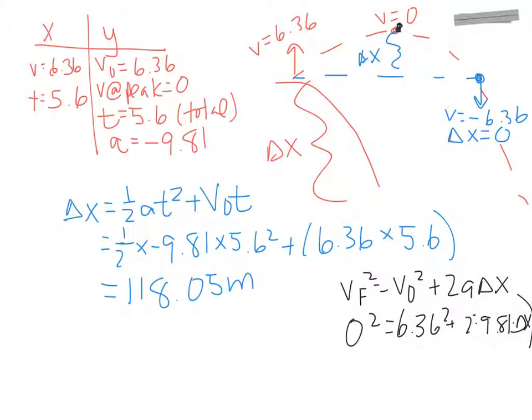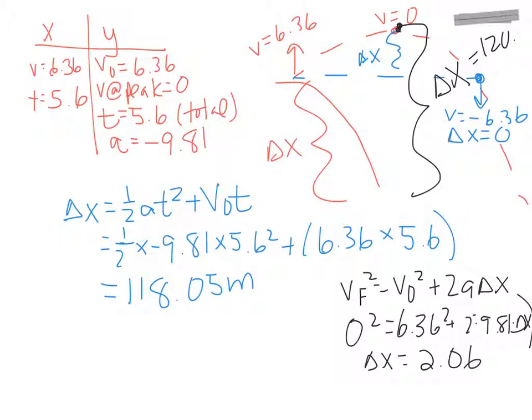And when I solve that out, I get delta x is equal to 2.06. So I just have to add that to the height of the cliff, and then I get my overall how high it goes from here to here, and that comes out to be 120.11 meters.